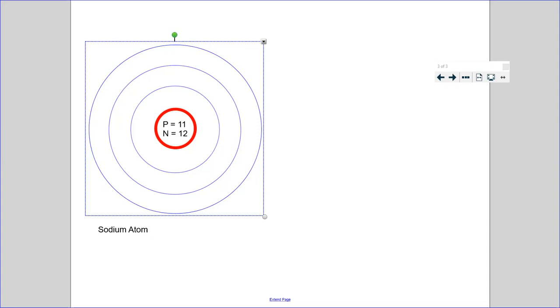So electrons, I write it here. We have electrons which are moving in the orbits.